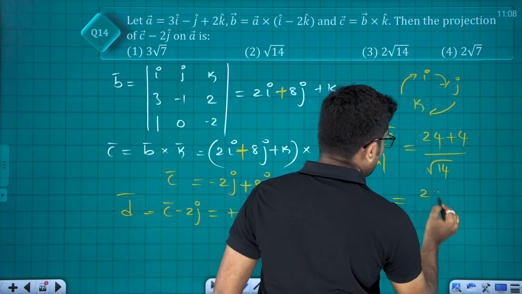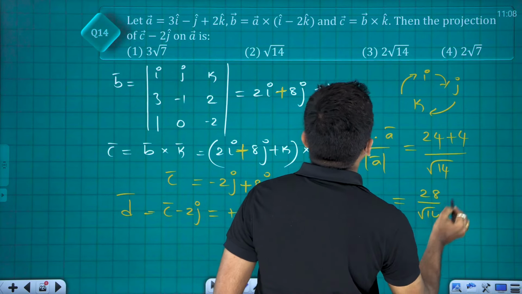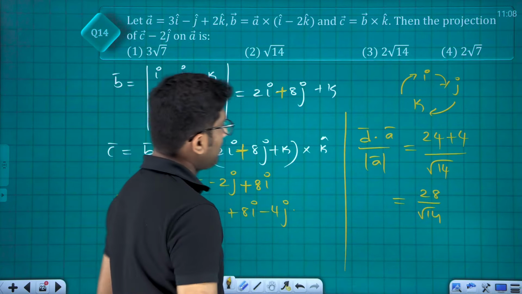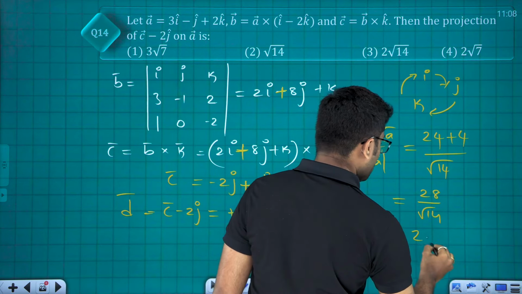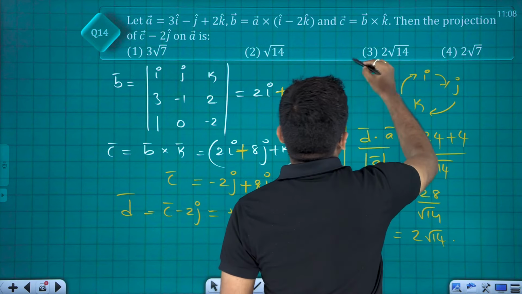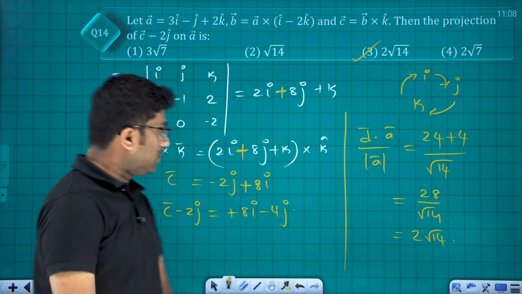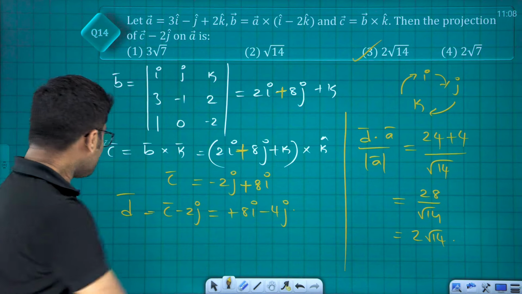So this is nothing but 28 divided by root 14. So this is clearly, we can write this as 2 into root 14. Answer is option 3. Simple question only from vectors.